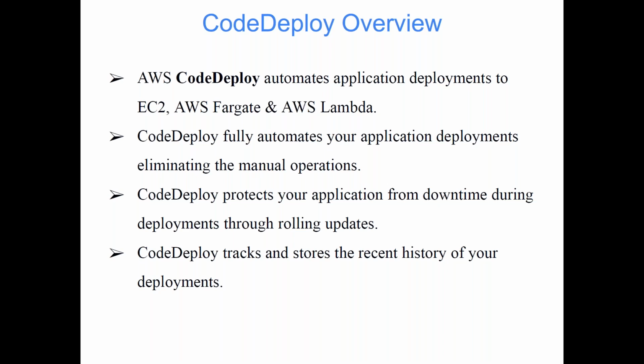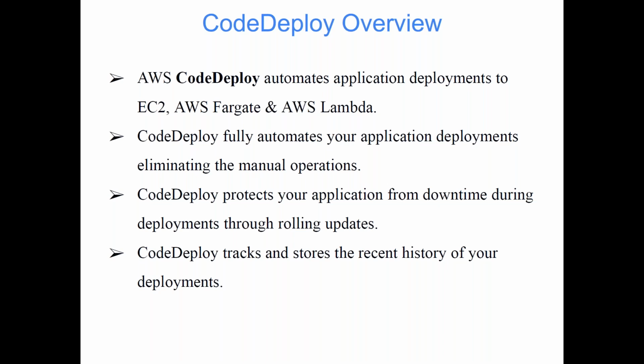CodeDeploy fully automates your application deployment, eliminating manual operation. Suppose you are maintaining your code in a Git repo, that can be external GitHub or internal CodeCommit. From there, it can pick your code and deploy it on a variety of different servers.